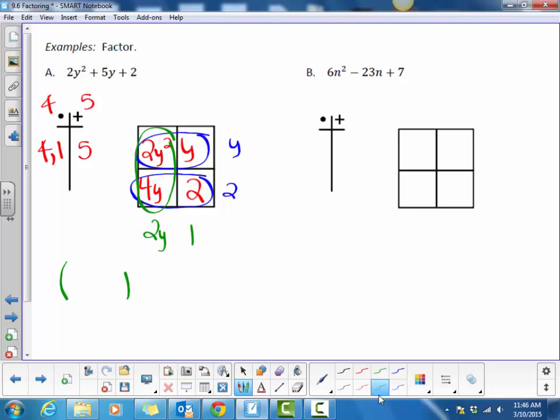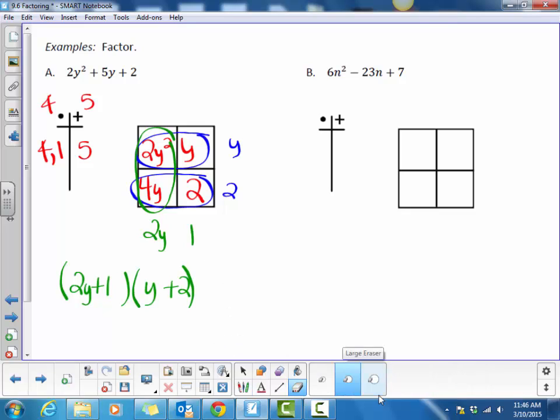And then remember that these values are both positive, so I'm just going to write 2y plus 1 times the quantity y plus 2. And those are the factors of 2y squared plus 5y plus 2. Okay? What do you think? Easy. Easy? Okay.